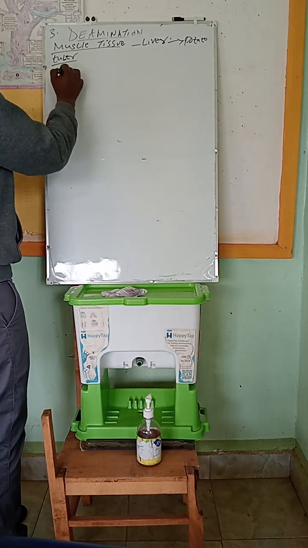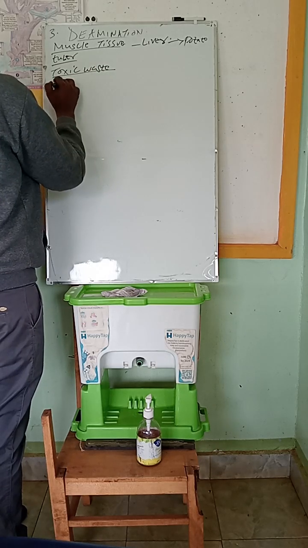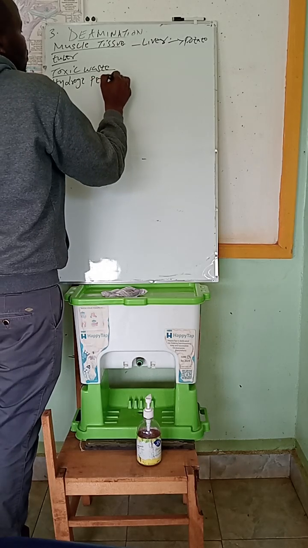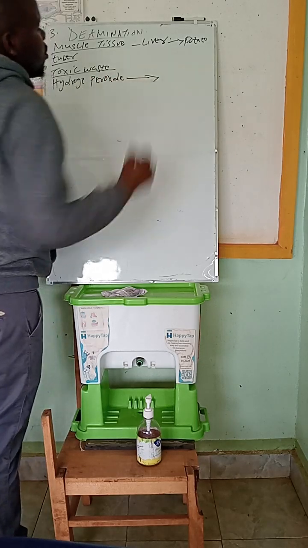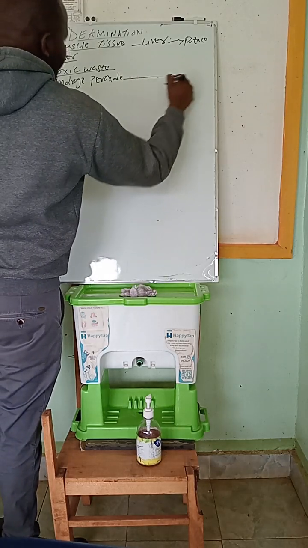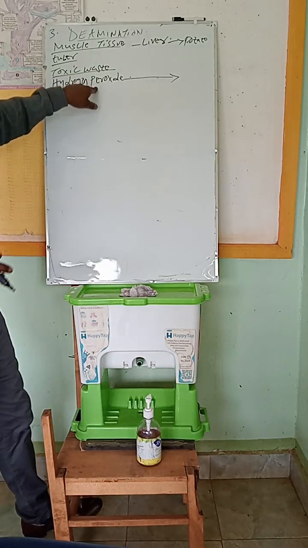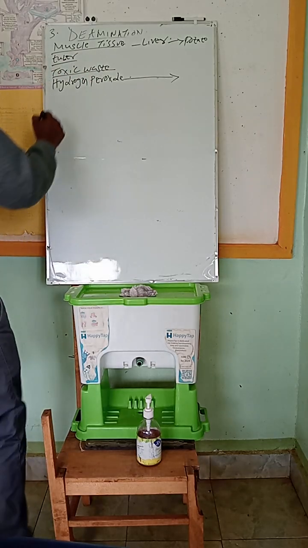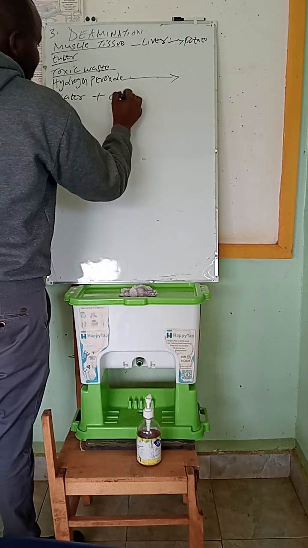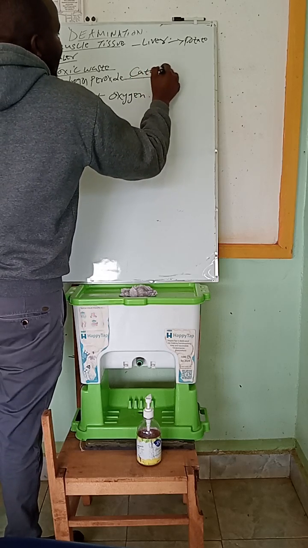So let me explain now. What are we breaking? Our toxic waste. What will be our toxic waste? Hydrogen peroxide. We are breaking hydrogen peroxide to water plus oxygen. We should have an enzyme here, which is what?